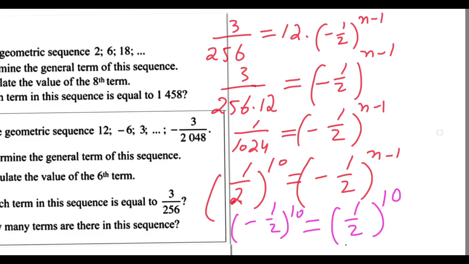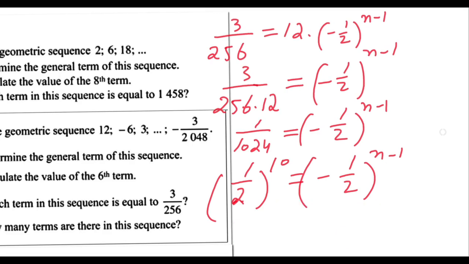So if I write positive base or negative base, it doesn't matter, because the negative is going to become positive because the power is even, the exponent is even. That's why positive 1 over 2 power 10, I can write as negative 1 over 2 power 10. Same.